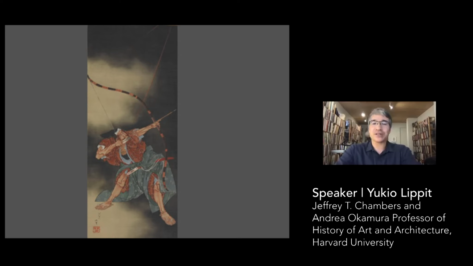One of the comparisons that might be more interesting in this case is to think about how early modern European theorists like Lessing talked about visual narrative. Many of you may know Lessing is a German philosopher and aesthetician, and he writes about the famous Roman sculpture, the Laocoon, and its relationship to painting.